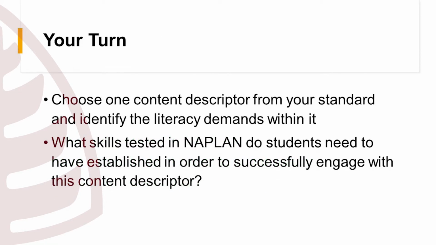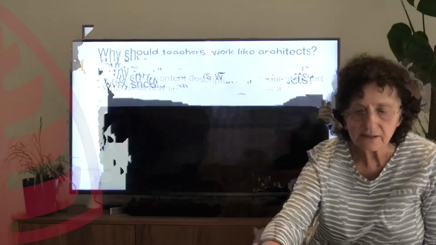And if you wanted to practice this, perhaps you could choose one of your content descriptors and work collaboratively with someone, or have a go by yourself and then find a partner you can seek feedback from, as to whether you have been able to identify what literacy demands sit behind the standard or the content descriptors that you will be addressing in your next class.